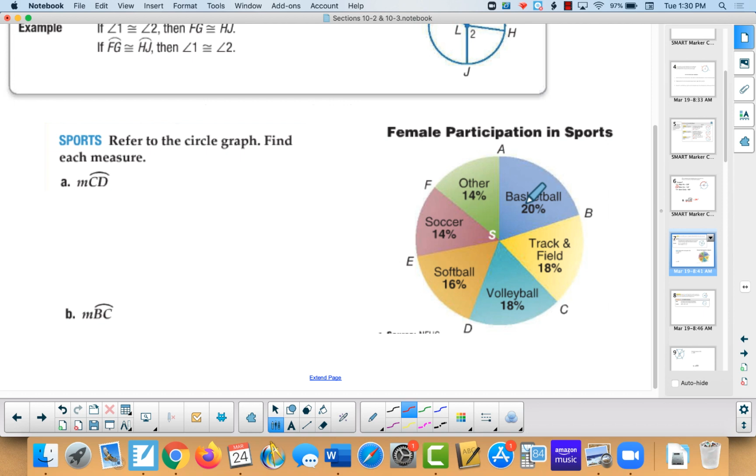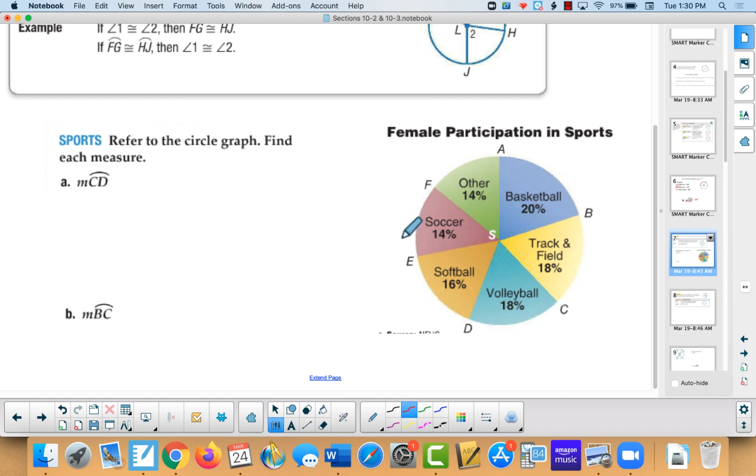So in order to make the pie chart, we need to know these angle measures, these central angles, and then also these arc measures. Well, this is 20% of the whole circle. So that means this angle here is 20% of the 360 degrees.